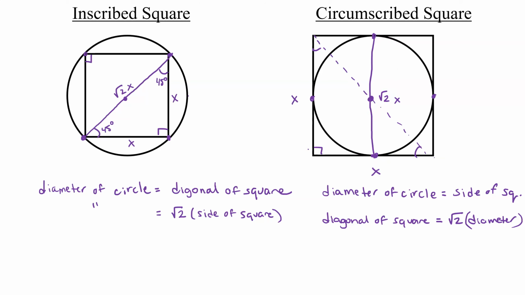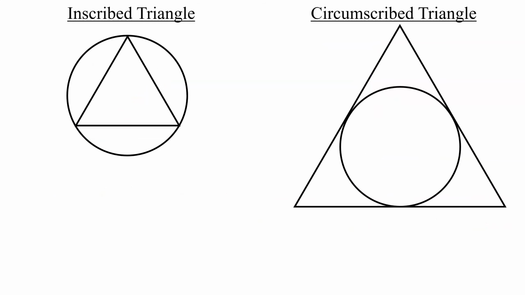Okay, now let's take a look at triangles. We can have an inscribed triangle, so you see the triangle and the circle meet at 3 points. Or we could have a circumscribed triangle, and again, they meet at 3 points.